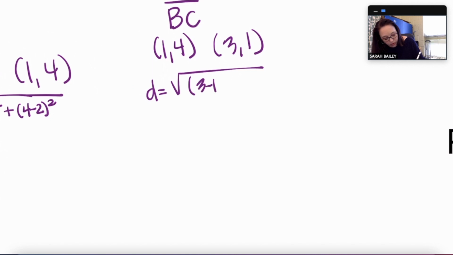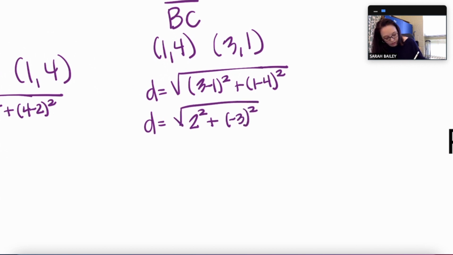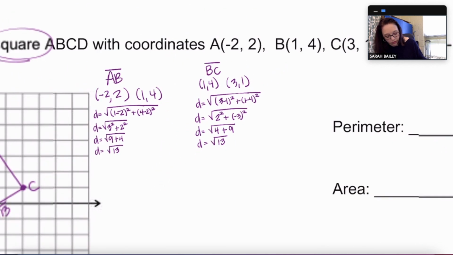So that'd be 3 minus 1 in parentheses squared plus 1 minus 4 in parentheses squared. So that's 2 squared plus negative 3 in parentheses squared, square root of the whole thing. 4 plus 9. Yes, it is. So that's the square root of 13 also.